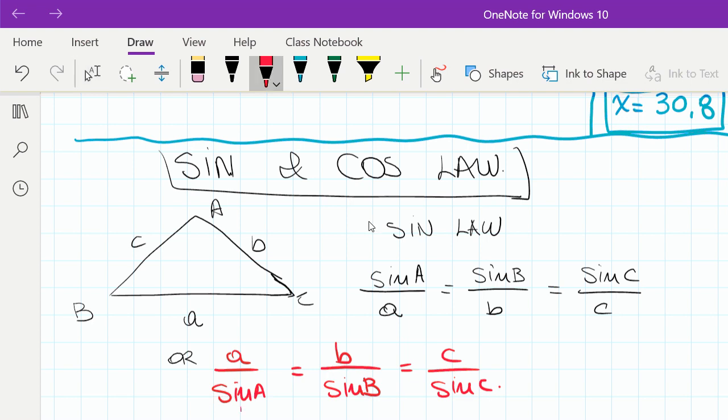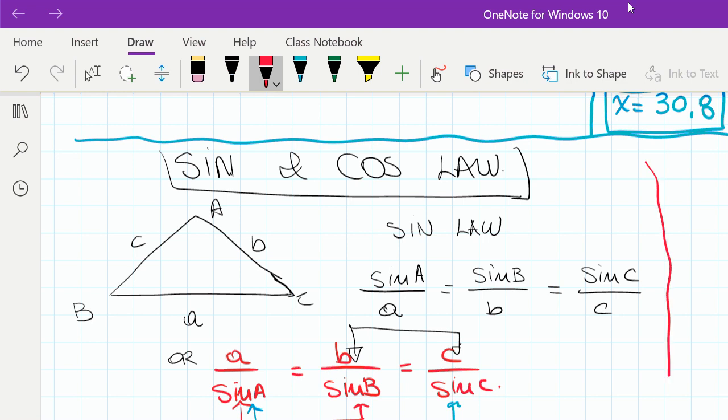We can use two ratios at a time, depending on what is given and what we are looking for, and then we can solve the problem.